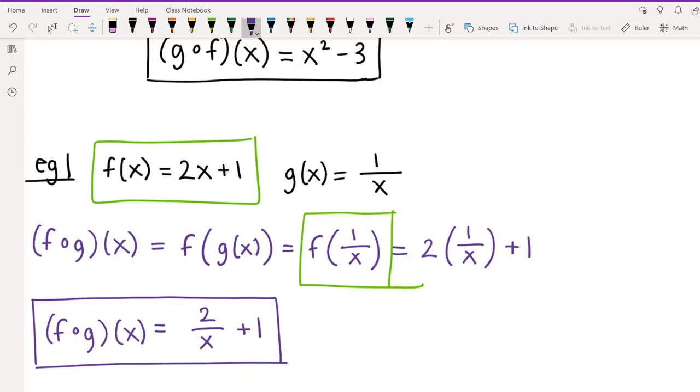So I know I said this a few minutes ago, but I'm just going to say it again. People tend to get these backwards. So oftentimes a student will, instead of writing down the correct answer for f of g of x, write down the answer for g of f of x. And when that happens, it's usually because you're not doing all these steps. It's because you're trying to just combine them in your head the first way that you think of.